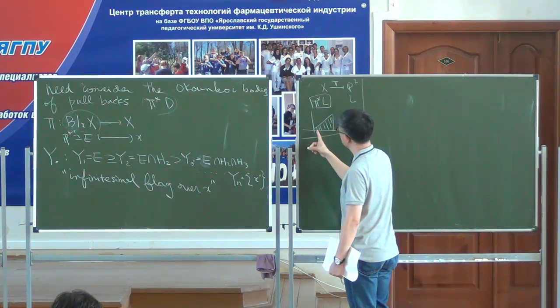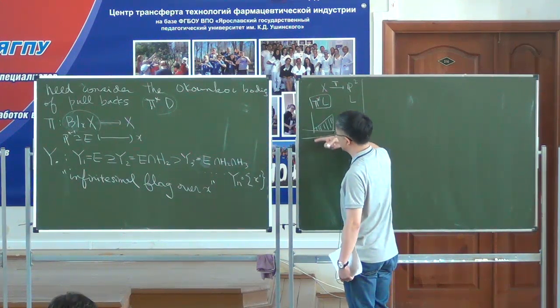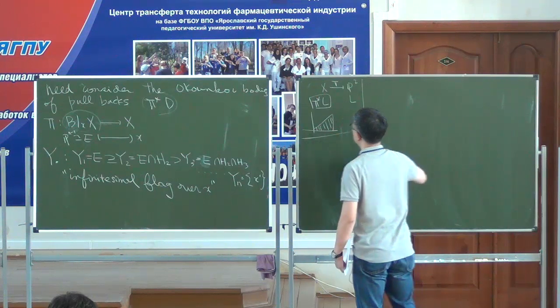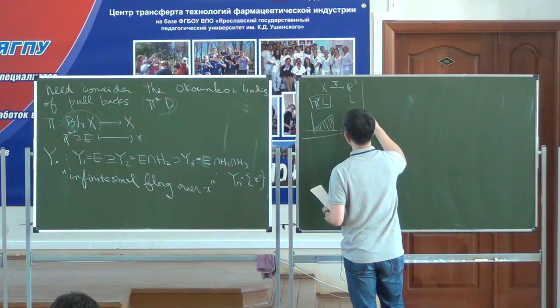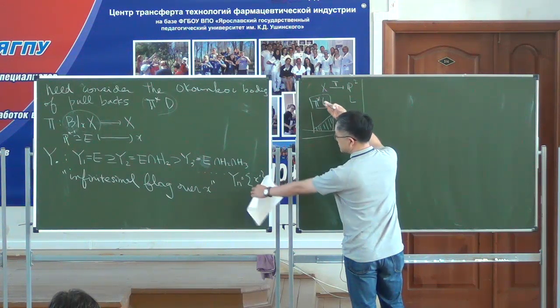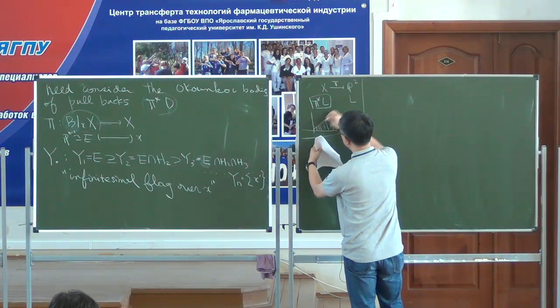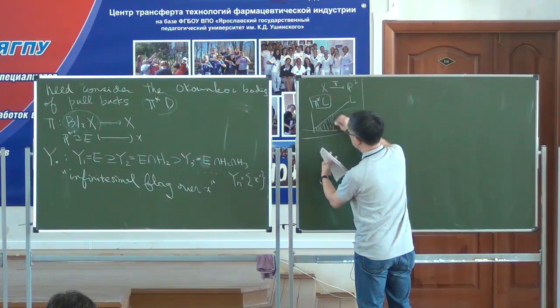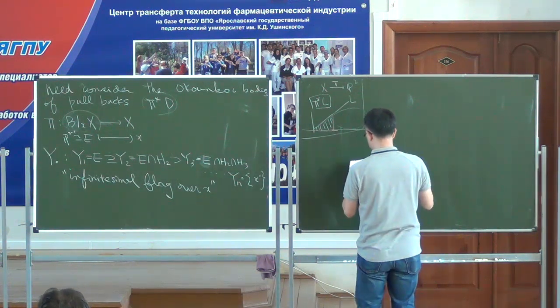But actually, this is the case in general. Something similar happens for the higher dimensional case. That means if you pull back any divisor and you construct the Okounkov body with respect to the infinitesimal flag, then your Okounkov body lies somewhere here.